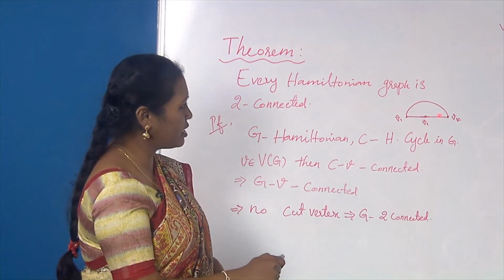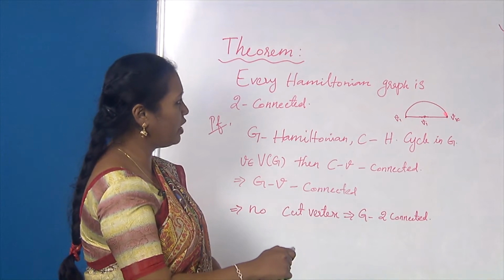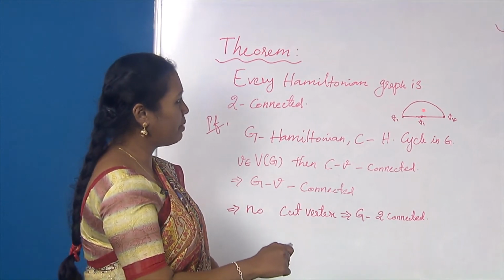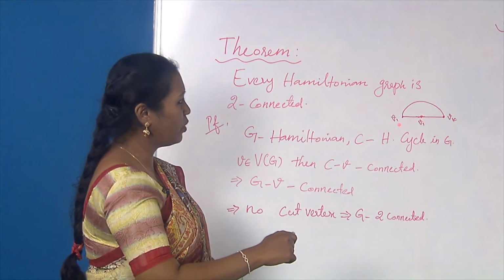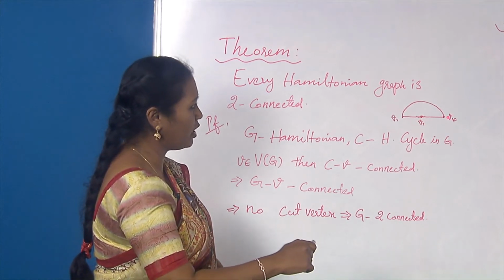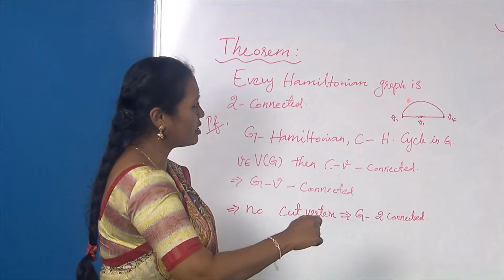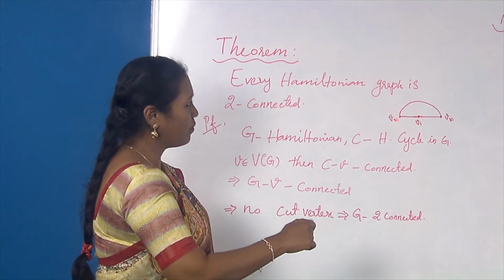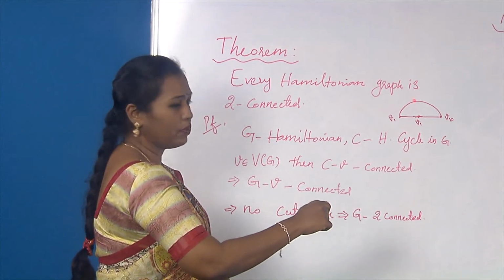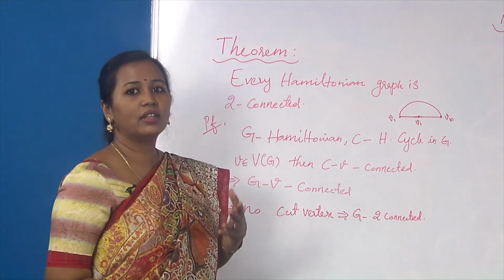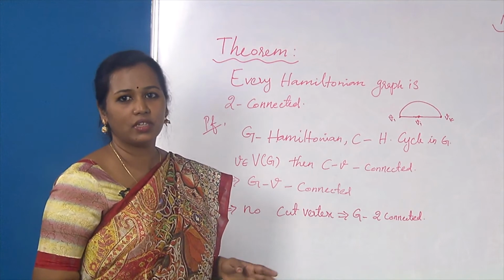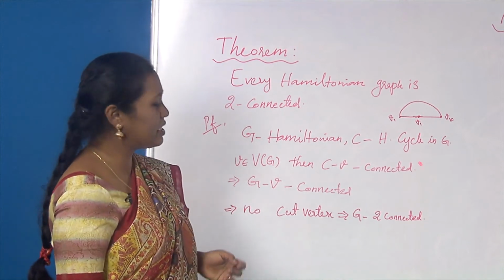Imagine that V1 to Vk is a cycle and Vi is any one vertex here. Suppose you are removing this vertex Vi, still you have another path from V1 to Vk. A cycle is a closed path, isn't it? From V1 to Vk it goes back to V1. So in a closed path, if you remove one vertex, the connectivity is not disturbed. Therefore, C minus V is still connected.